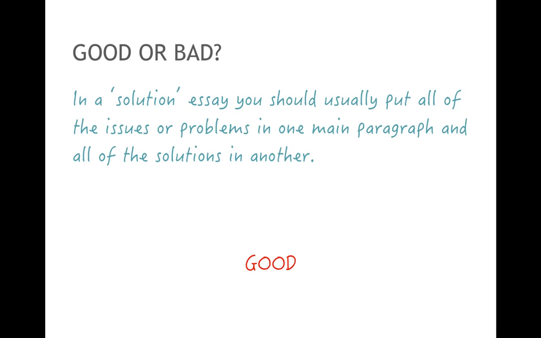So when you separate out all the problems into one body paragraph, your topic sentence can be, there are a number of causes of this problem. Firstly, problem 1. Secondly, problem 2. Finally, and you can give supporting examples for those. So there's a nice topic sentence when you're starting that paragraph.